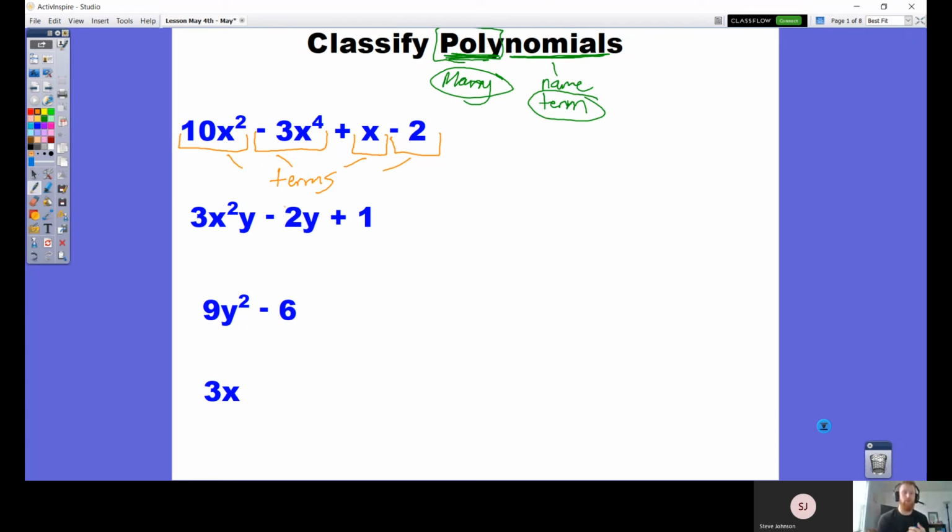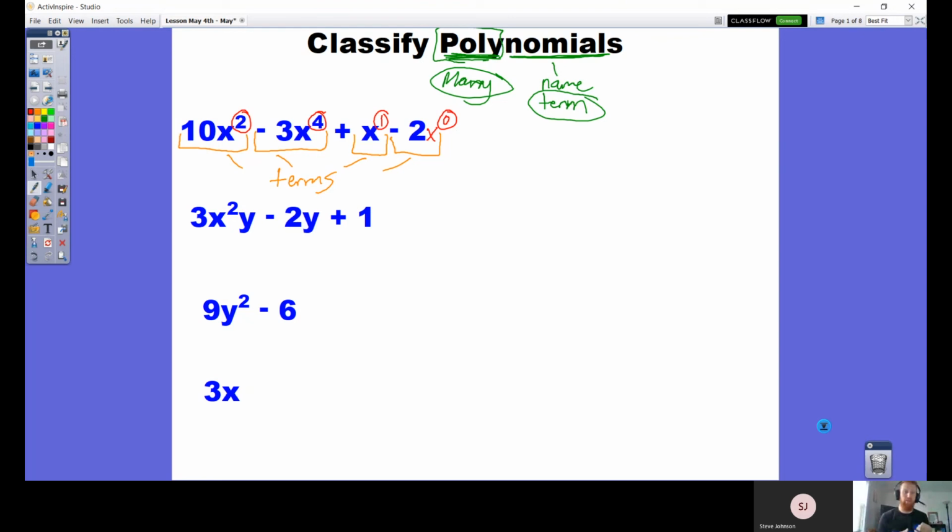These polynomials have terms, but they also have these things called degrees. Degrees is just a fancy word for the exponent of the variable of that term.